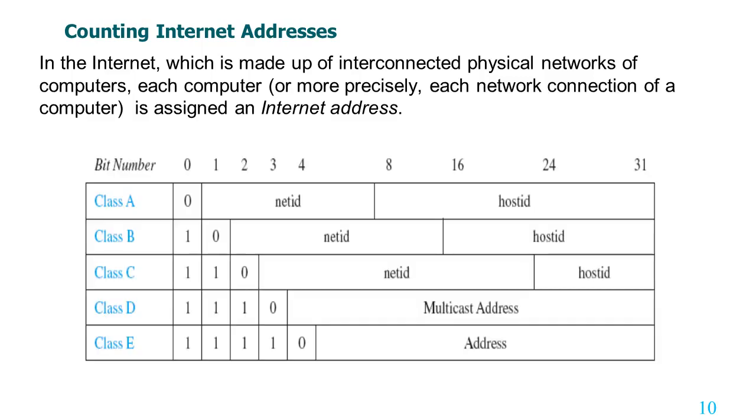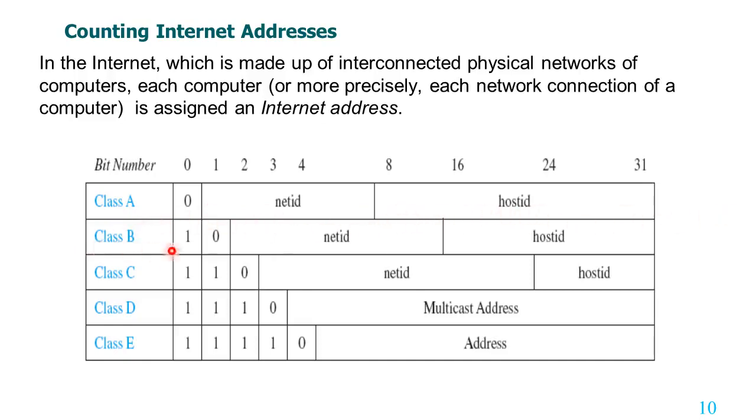These are the different classes of addresses that are used in the internet: class A, class B, class C, class D and class E. Class D and class E are used for multicasting and broadcasting addresses. Class A consists of first bit 0, the next 7 bits are the network ID and the last 24 bits are the host ID.